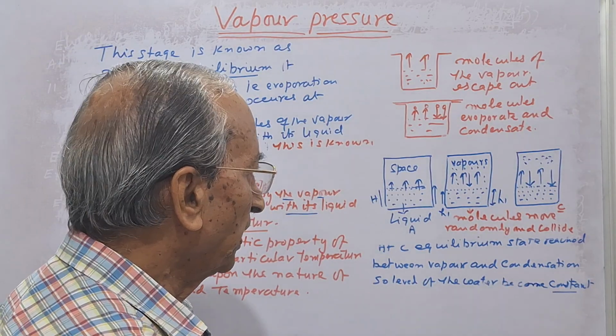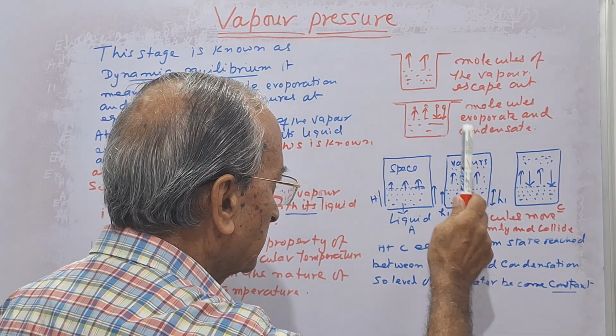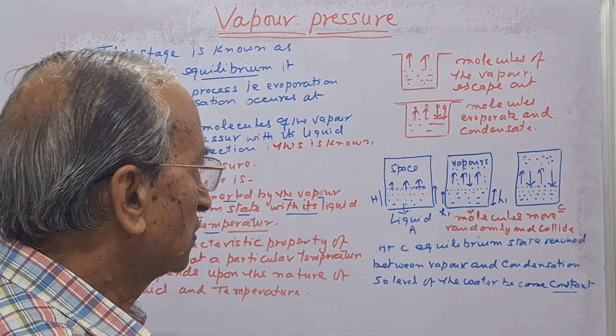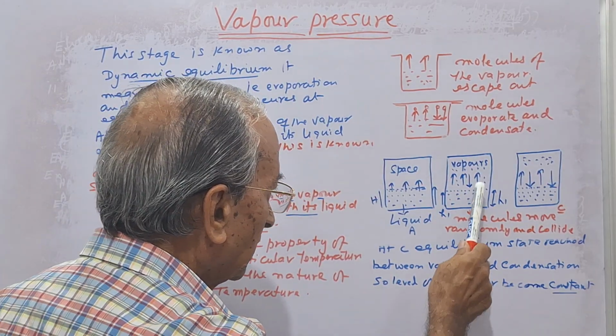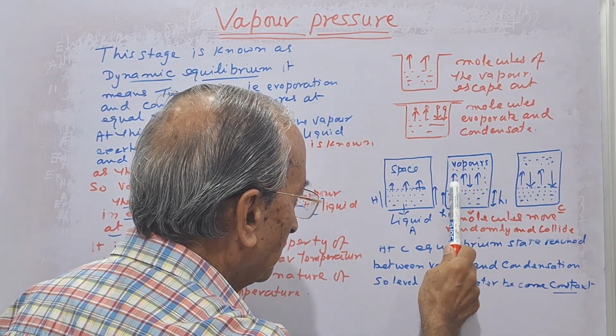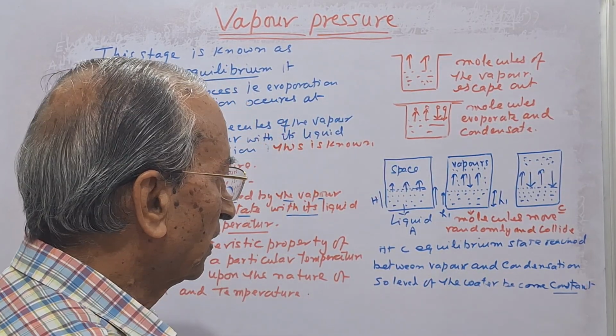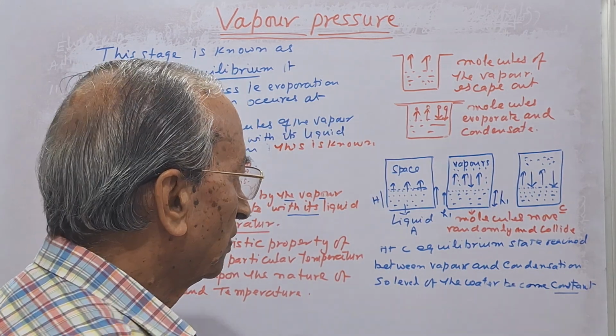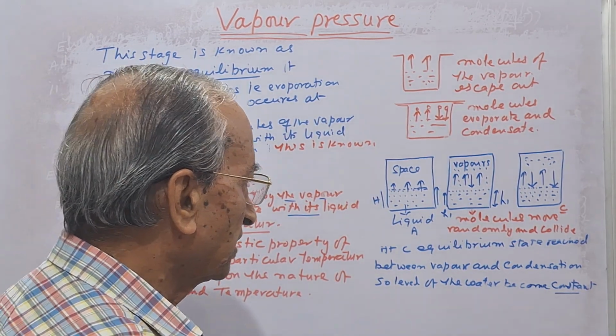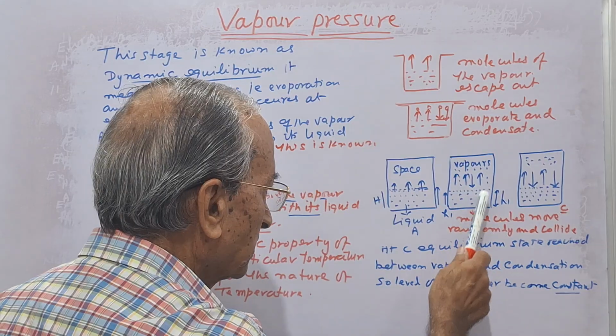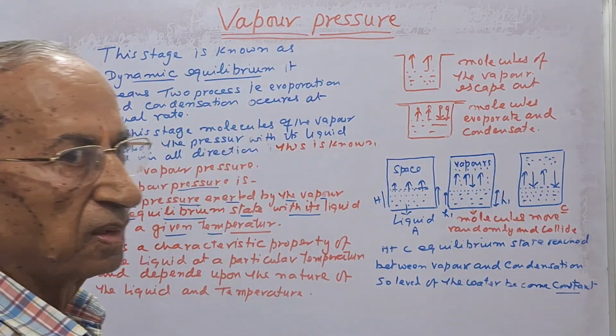Now what will happen when the concentration increases so much that the water vapor, when it collides with the water level, due to intermolecular attraction, condenses and goes to the water?